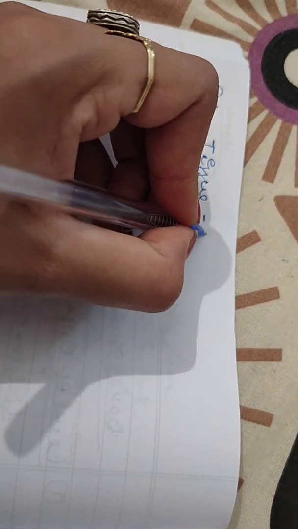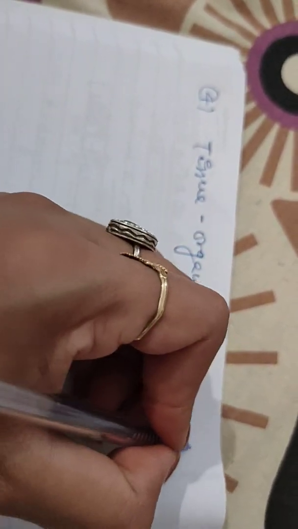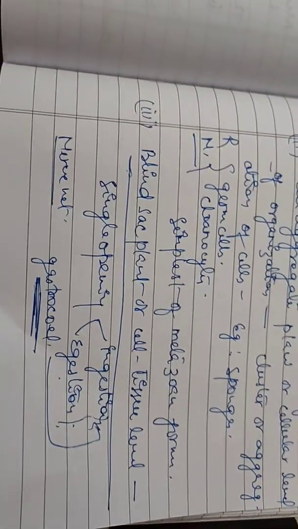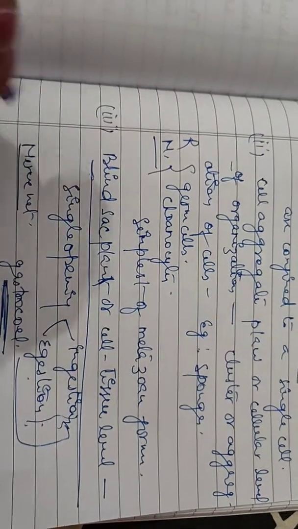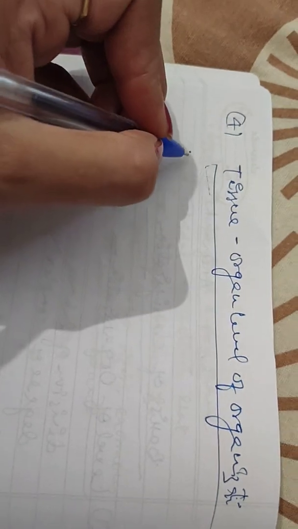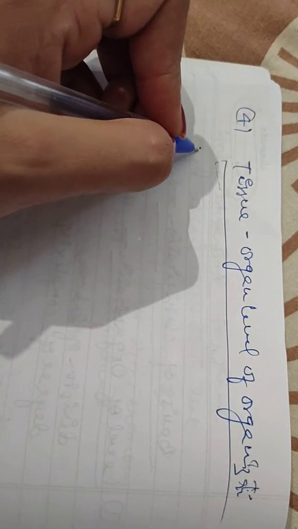And the fourth one is the tissue-organ level of organization. Actually both of these, the blind sac plan or cell tissue level and this one, come under the tissue level of organization, but I am explaining it in detail because there is somewhat of a difference between these two.